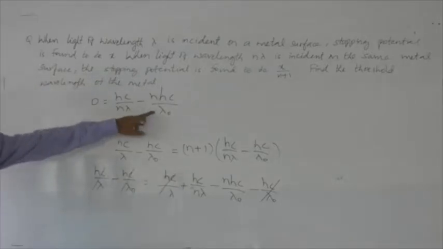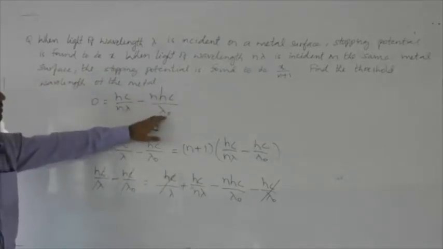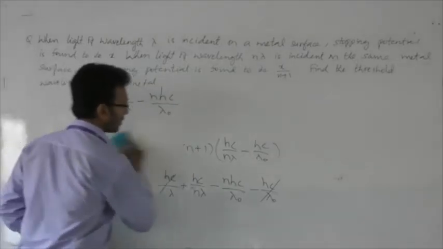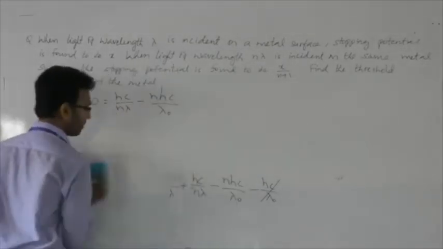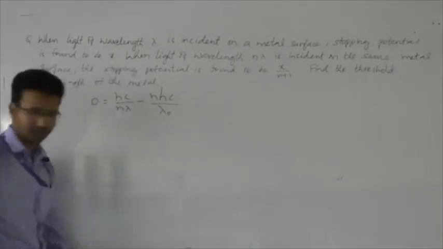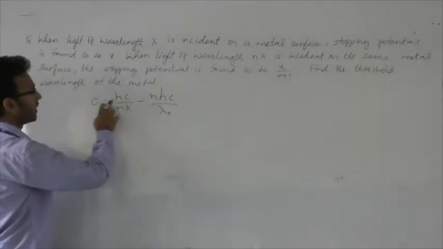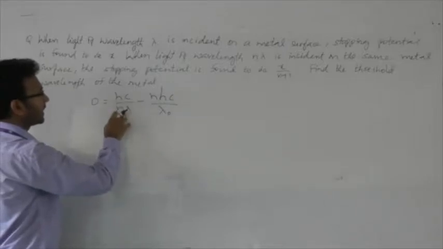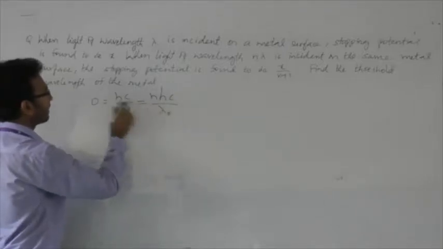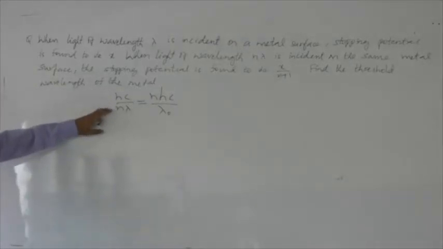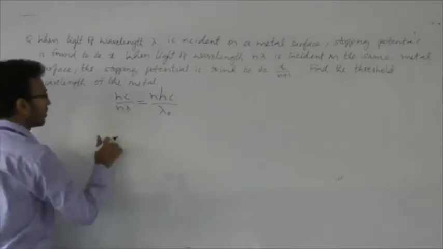Now it is easy. Take this on the other side, then find lambda naught from this. If you take this to the other side, you will get hc by n lambda equals nhc by lambda naught, right? Therefore lambda naught is how much?